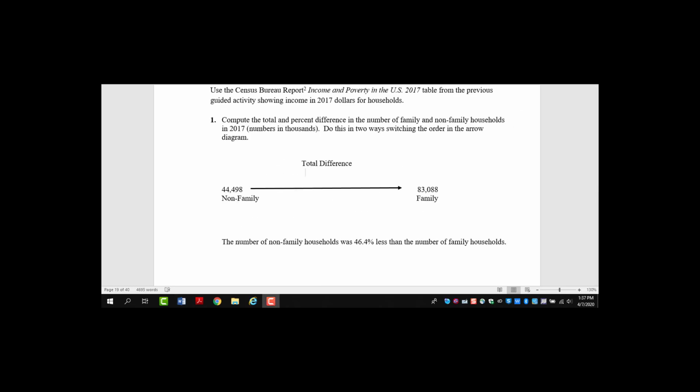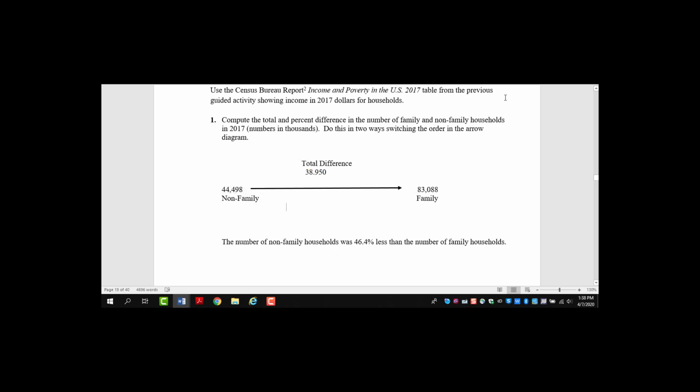Now we're going to flip it the other way. So I flip the arrow the other way. The total difference is going to be a positive number now, this minus this, and I'll put that in here, which is just going to be the same number as before, only it's a positive 38,950. And figure out the percentage change, total difference divided by non-family, right there.